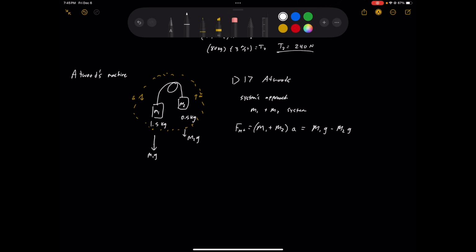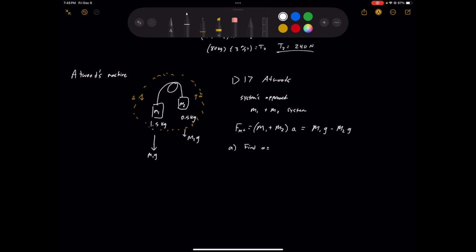So M1 is going in the direction of the acceleration. We're going to consider it to be a positive force acting on the system. M2 is going against the acceleration of the system, so we're considering it negative, right? So this is our expression. And I believe for that question, it just says, find the acceleration, right? So part A for that problem was find the acceleration of the system.